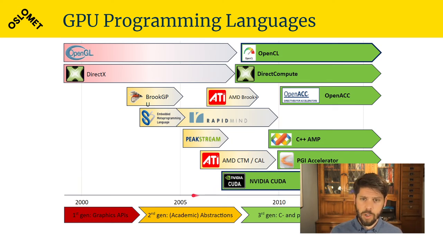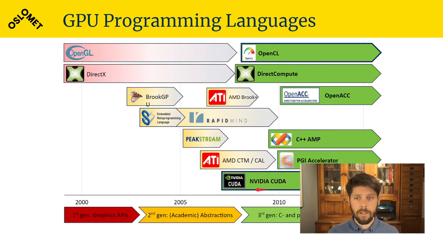We had the first generation graphics APIs, which people abused and tried to do some GPU computing with. Then you had a set of academic approaches to GPU computing. I call them academic because they were kind of proof of concept and not really industrial strength. And then in the third generation, you have proper C-based languages, which have good industry support.